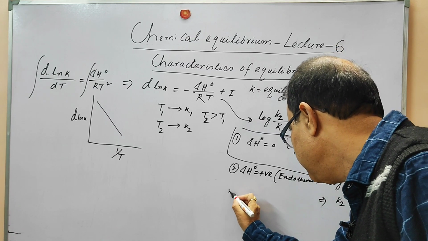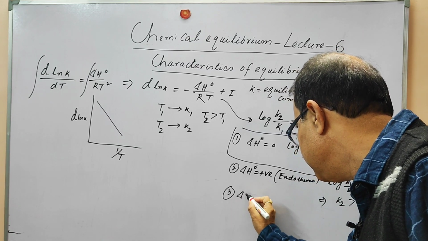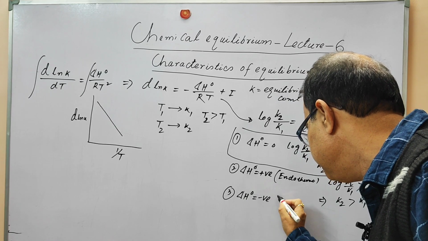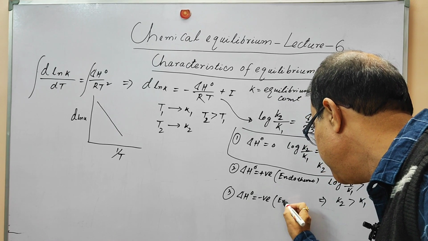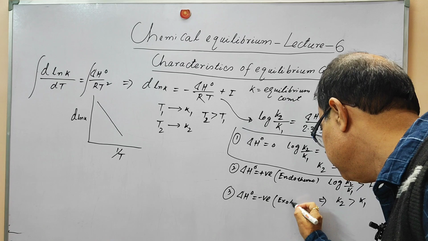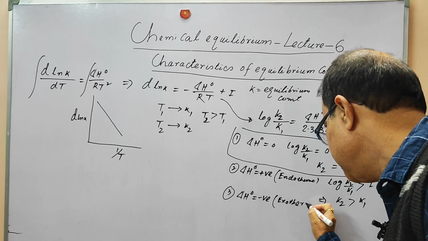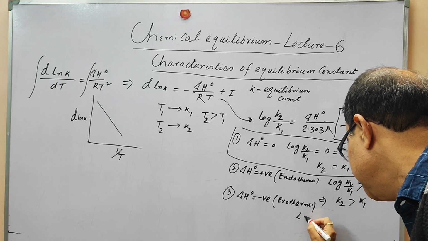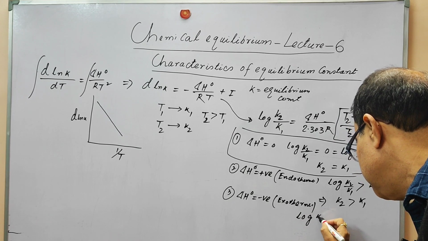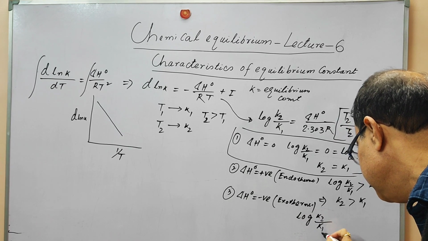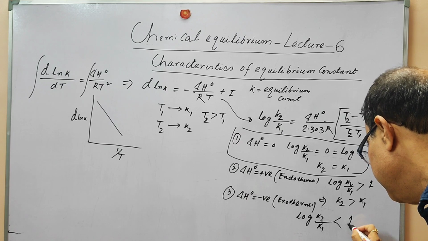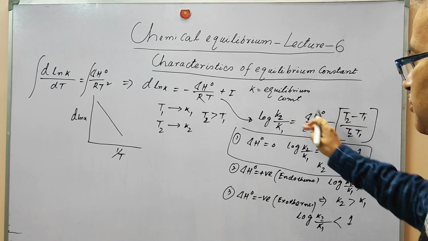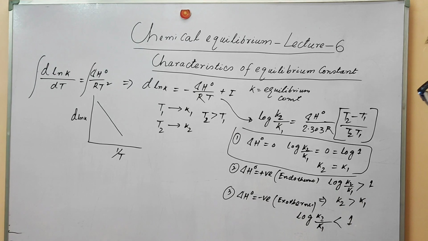And when del H0 is negative, it means the reaction is exothermic. When the reaction is exothermic, log K2 by K1 is less than 1, because when del H0 is negative, this value will be negative, so K2 will be less than K1.